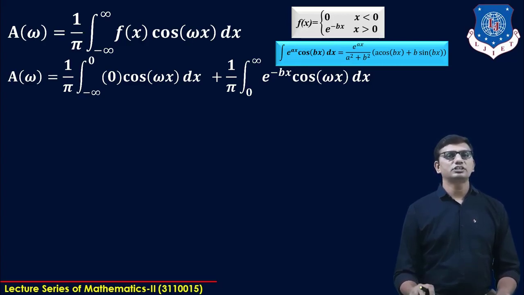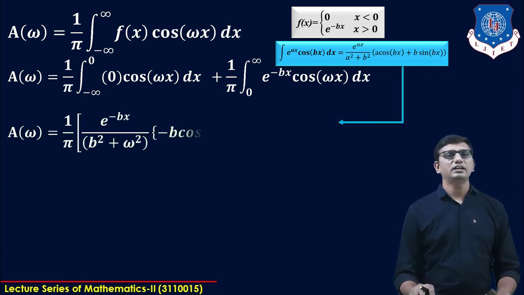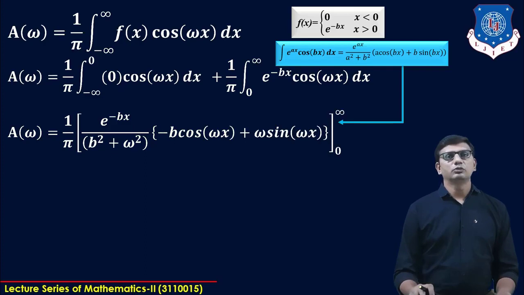Now the first integration is 0 and the second integration is evaluated by this formula. Then A(omega) equal to 1 upon pi e raised to minus bx upon b square plus omega square into minus b cos omega x plus omega sin omega x, where the limit is 0 to infinity.